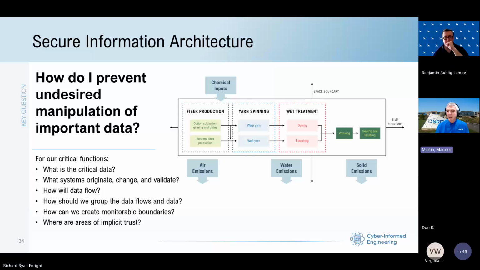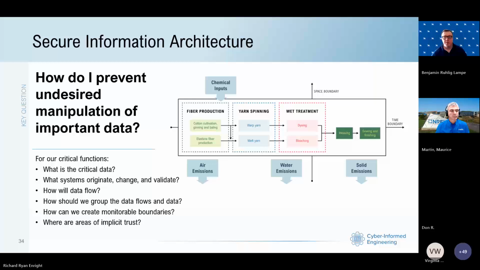If manipulated, and that data is accepted by the system, are there protections against the consequences? And that also drives decisions about how much protection to put on those data streams. So the engineering input becomes critical to the information design.